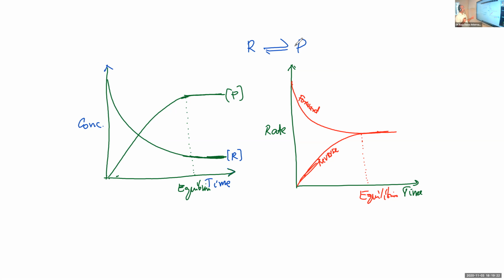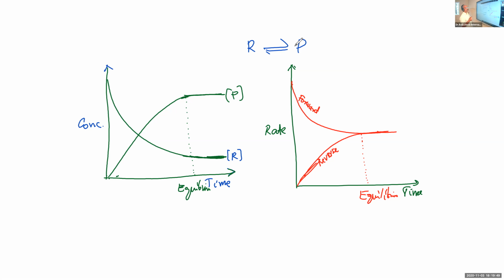I repeat, make it clear that the rate of a reaction is proportional to concentration. In the reversible reaction, at the beginning, there is only the reactant. So the concentration of the reactant R will be the maximum at the beginning.